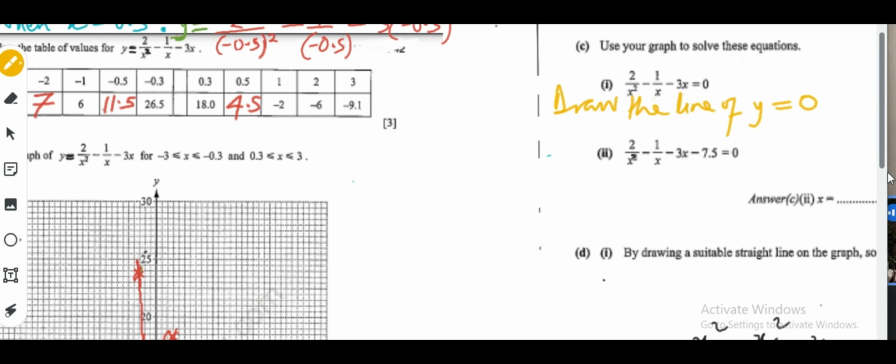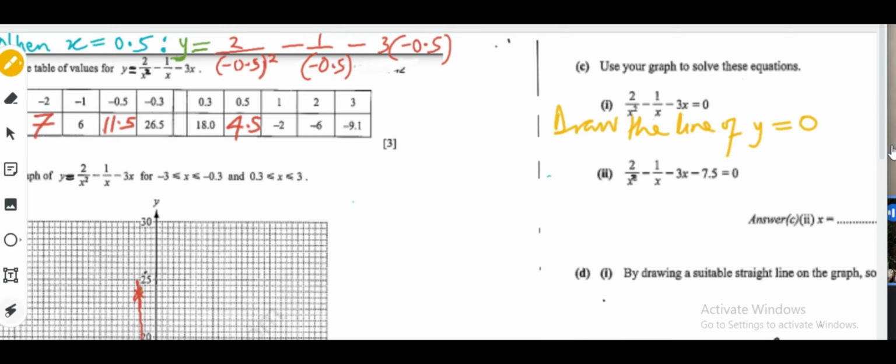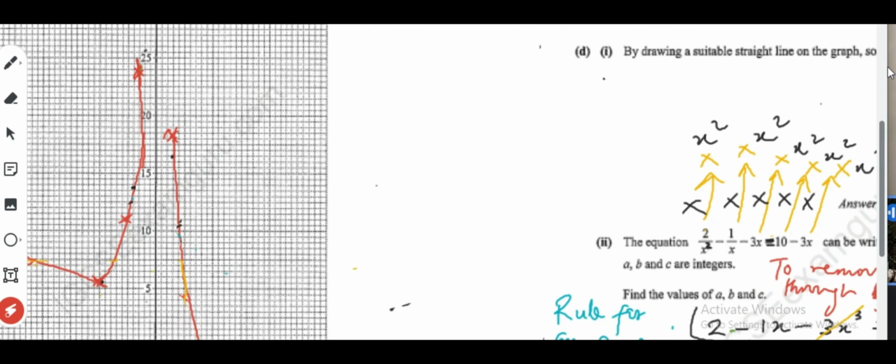So let's draw it, because y is now replaced by 0. All of these are still the same. It must be the same for you to conclude that. So let's draw the line of y equal to 0.